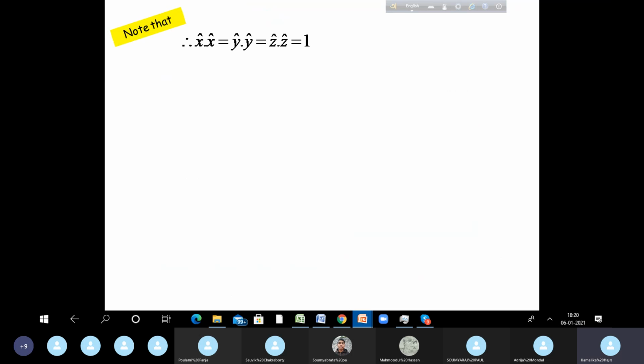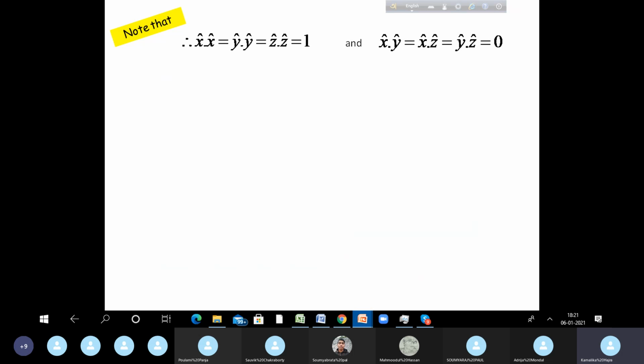Next, from the definition of the dot product, since x cap and x cap, of course, have no angle between them, x cap dot x cap, y cap dot y cap and z cap dot z cap are all equal to 1.